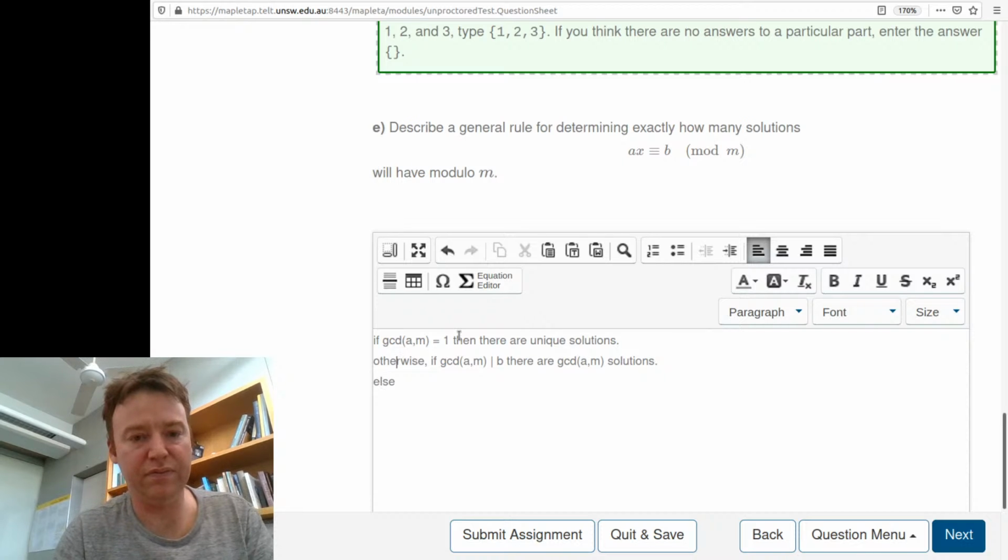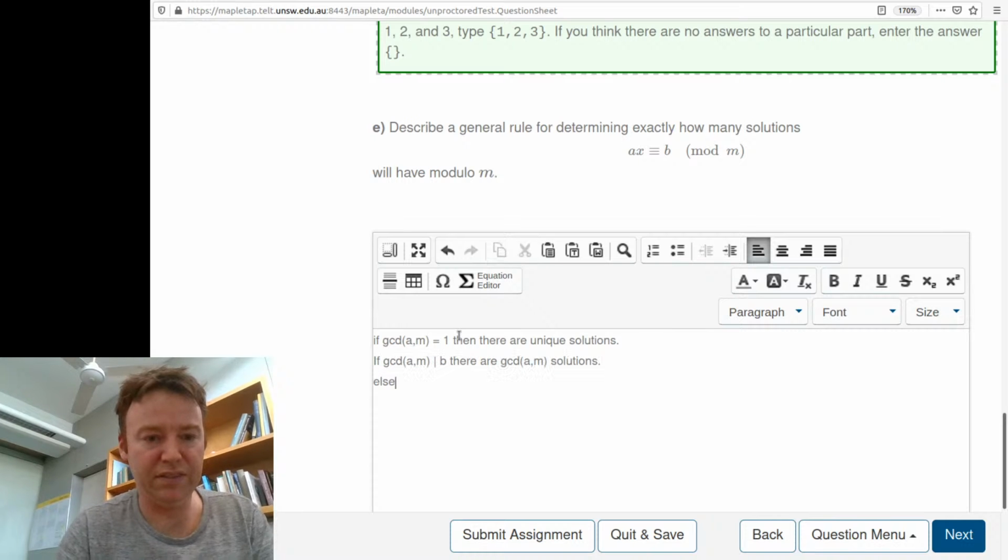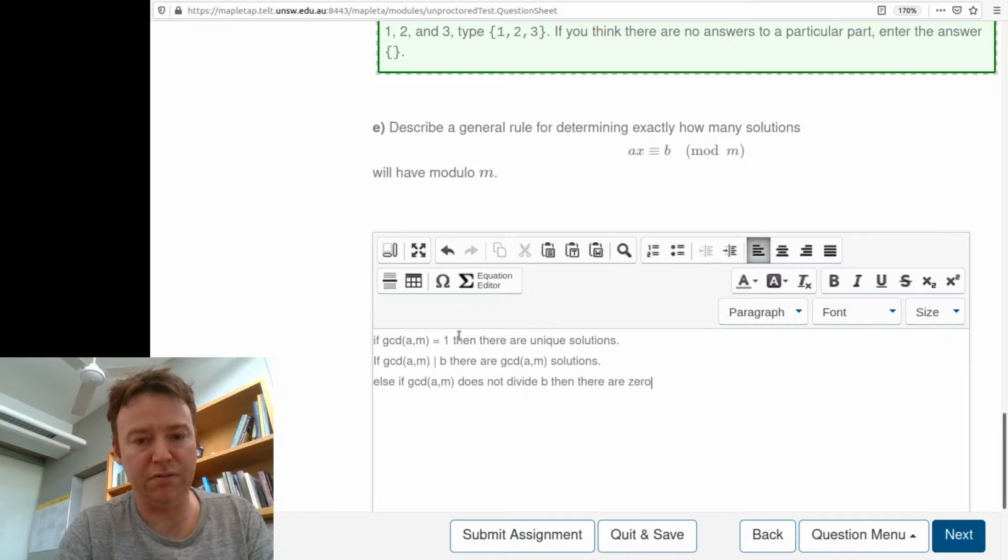Else, if GCD of A and M does not divide B, then there are 0.